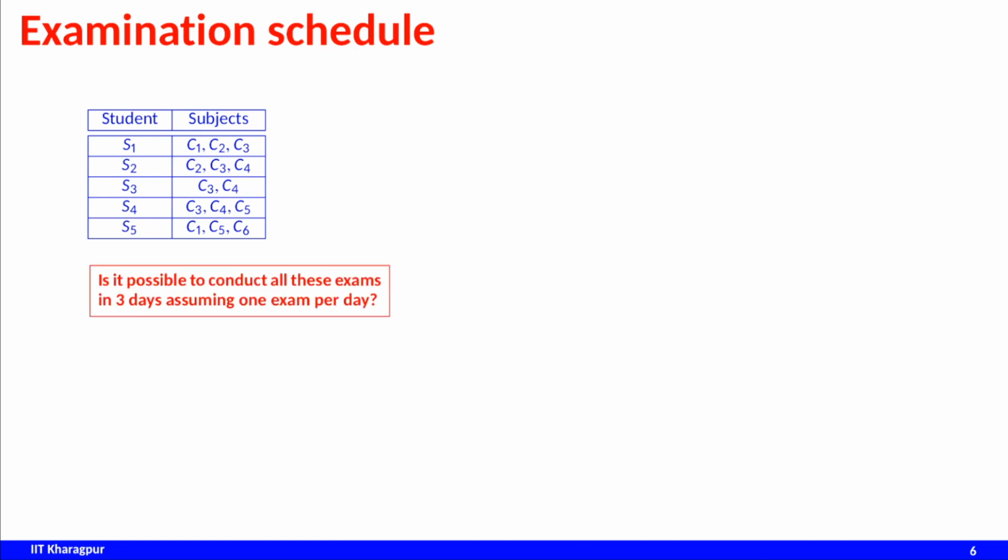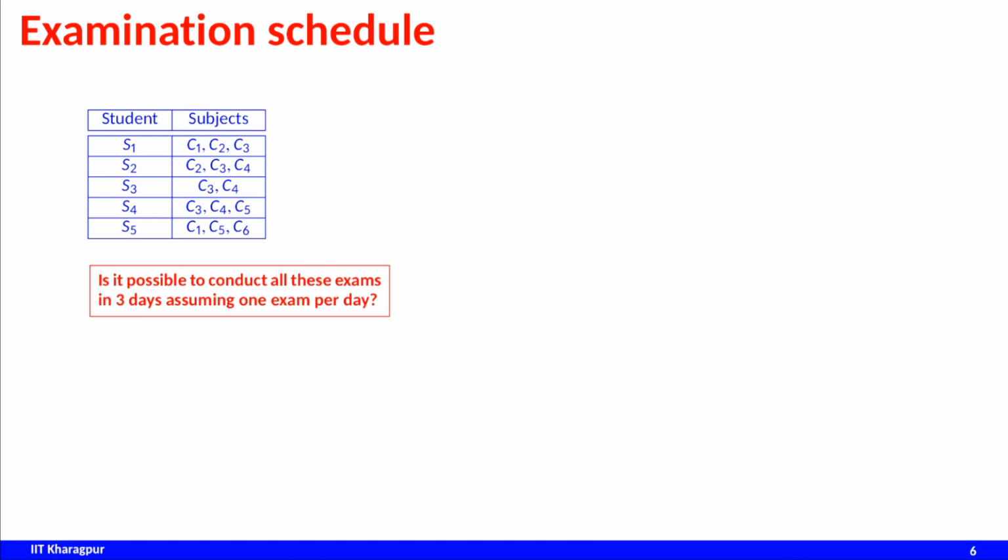The condition is: is it possible to conduct all these exams in 3 days, assuming one exam per day? So we have to ensure that a student will be able to write only one paper per day. So I should not schedule C1 and C2 on the same day, because in that case S1 will not be able to answer the papers, as he can appear in only one exam.